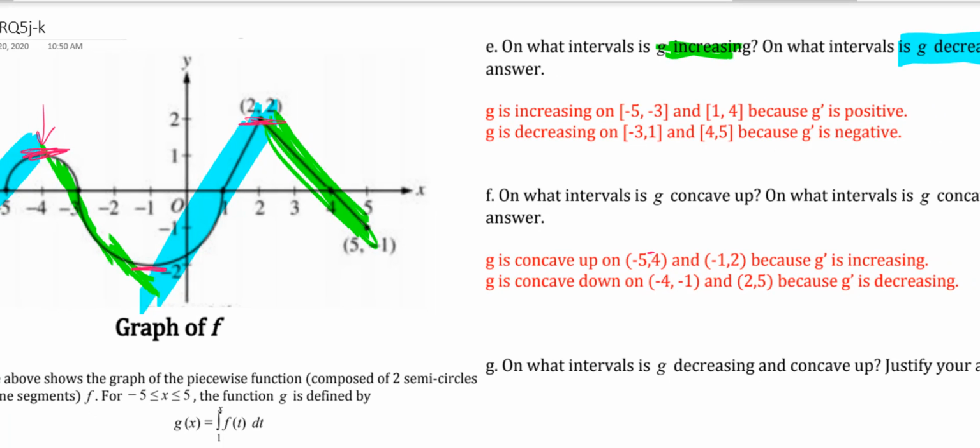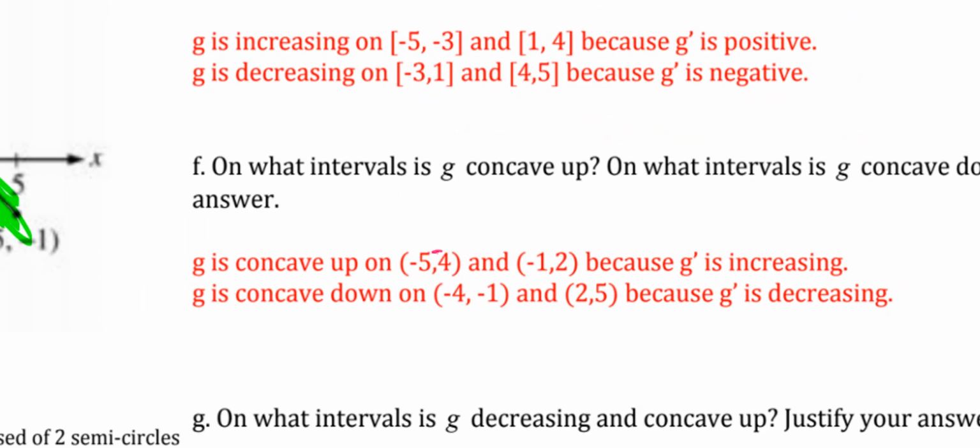We'd say g is concave up on the interval from -5 to -4 and -1 to 2, and remember, use your x values, because g prime is increasing. Likewise, g is concave down on -4 to -1 and from 2 to 5 because g prime is decreasing. That's all we have to do: analyze those two pieces.